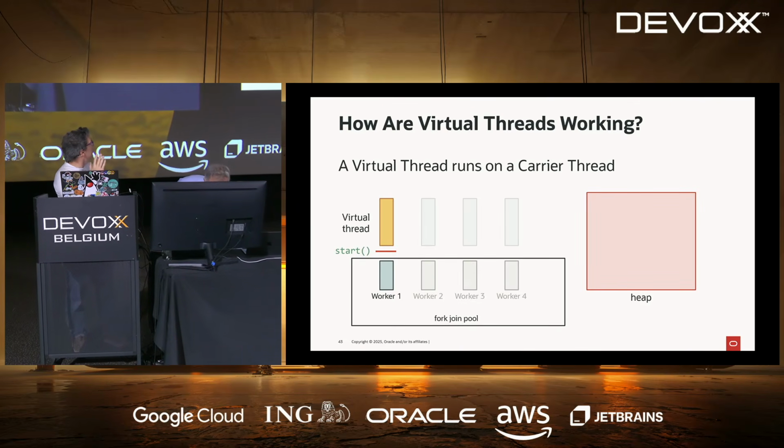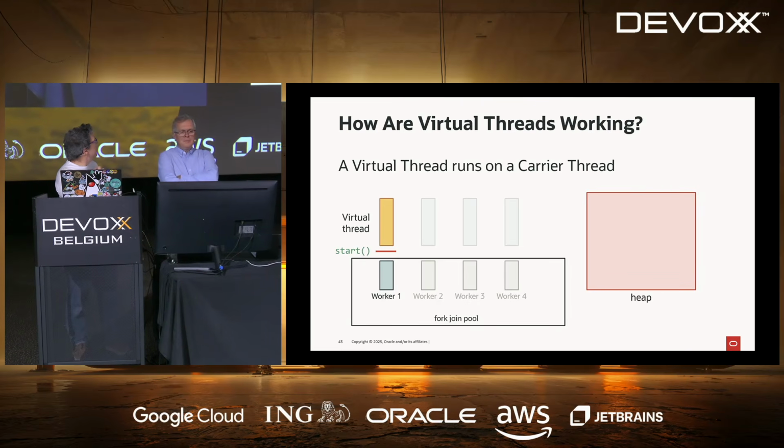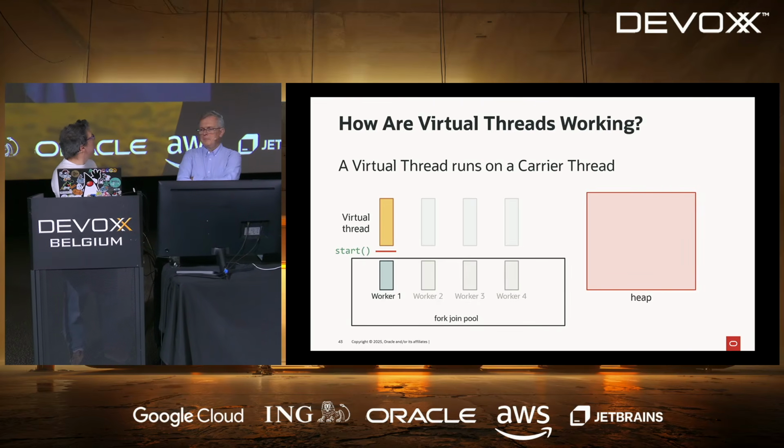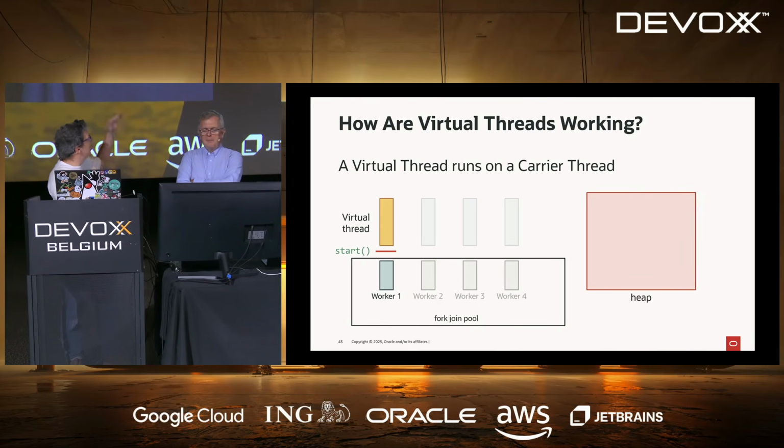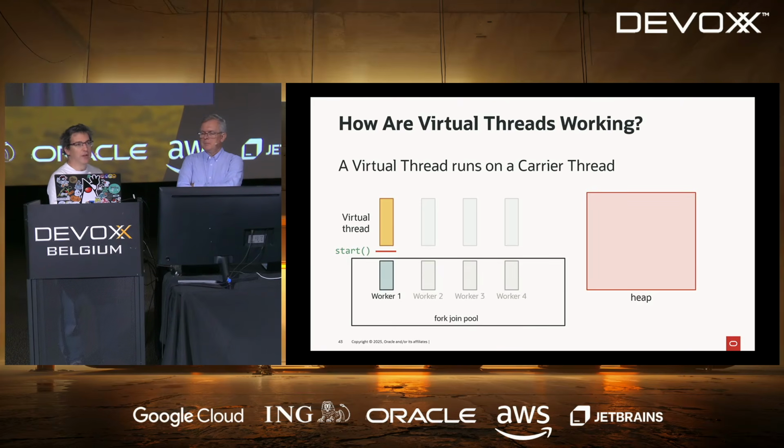And the idea is, basically, if you are blocking a virtual thread, instead of blocking the platform thread, you will do something else. So when you start a virtual thread, you start it on top of a platform thread, what we call a carrier thread.